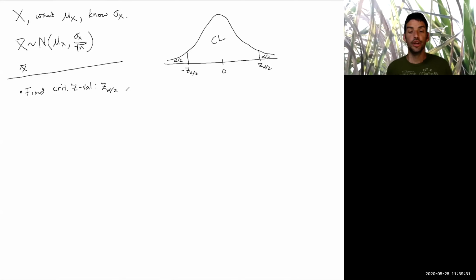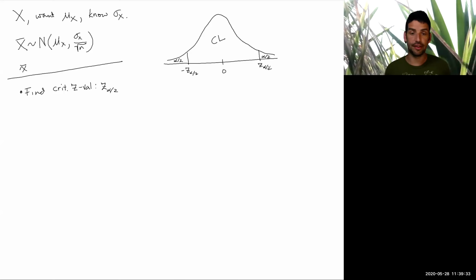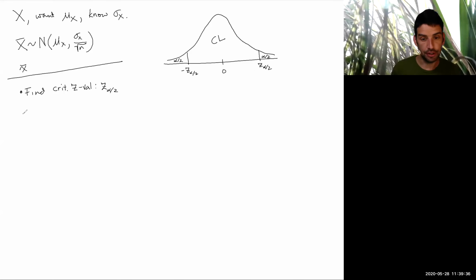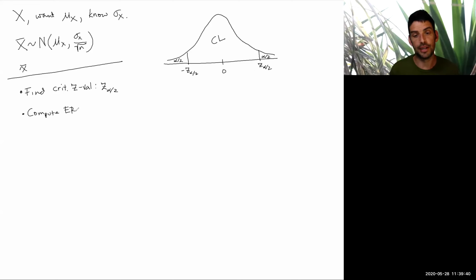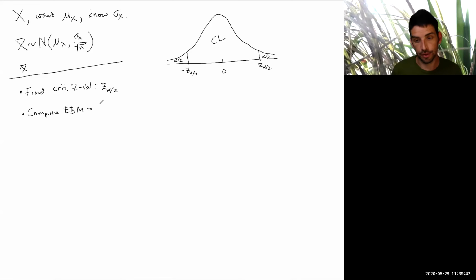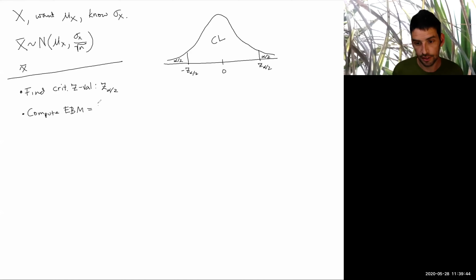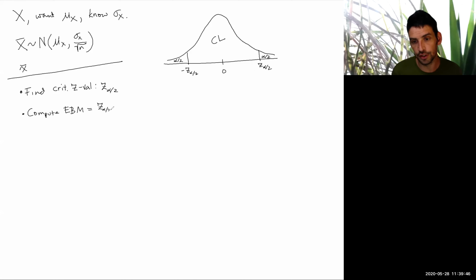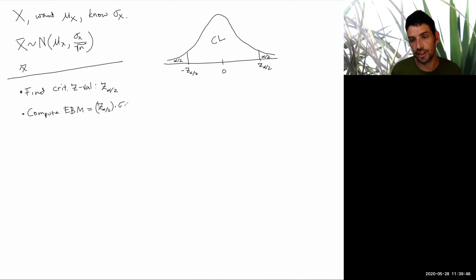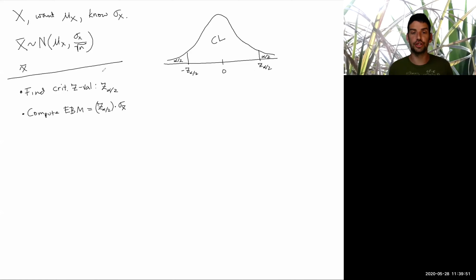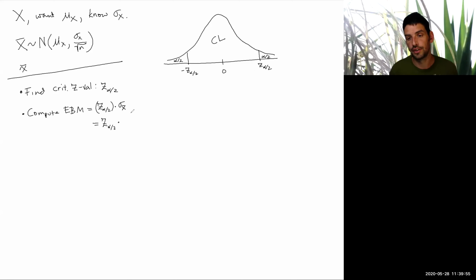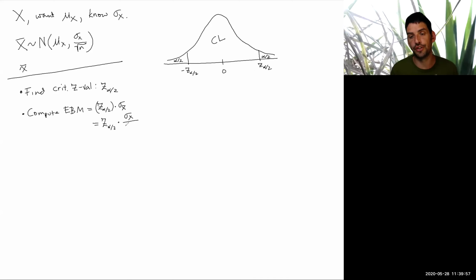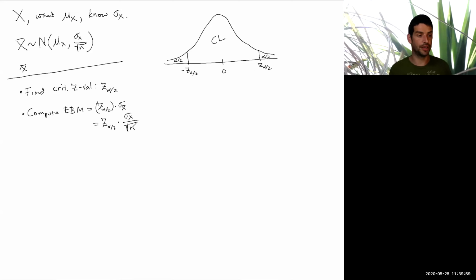Okay. So once we have that, we compute the error bound on the mean. This is going to be this z of alpha over 2 times the standard deviation of our distribution of sample means, but that is just the standard deviation of the original that we know divided by the square root of n.